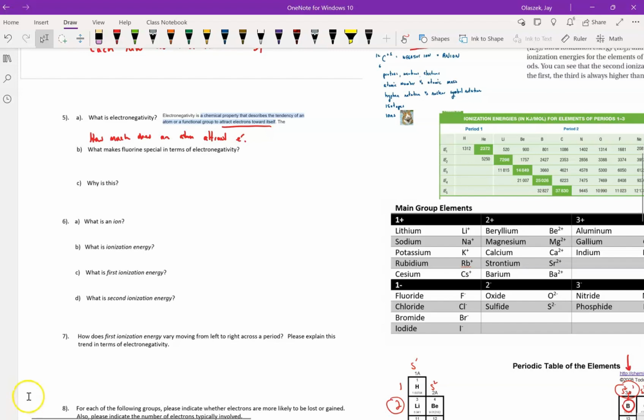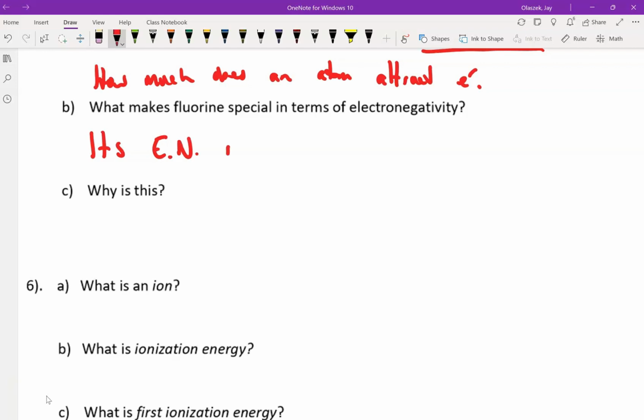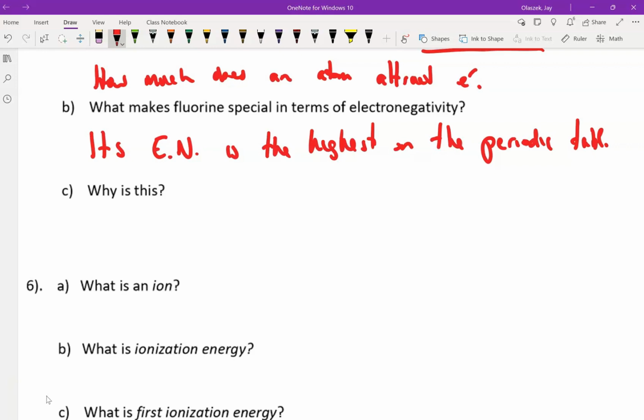Let me pause for a second here. We know that it is special because fluorine's electronegativity is the highest on the periodic table. Why is this? Because fluorine is the smallest. That means the electrons are closest to the protons and the attraction is the greatest.